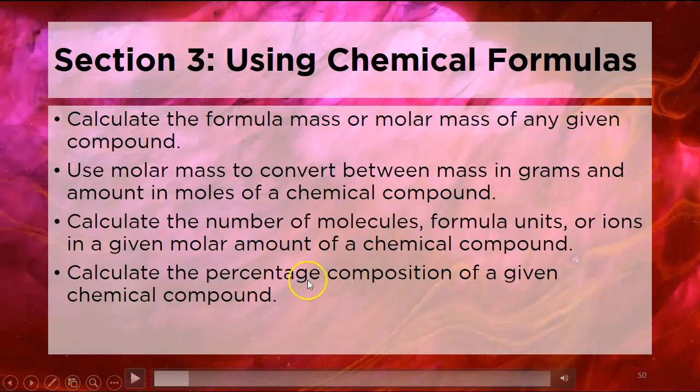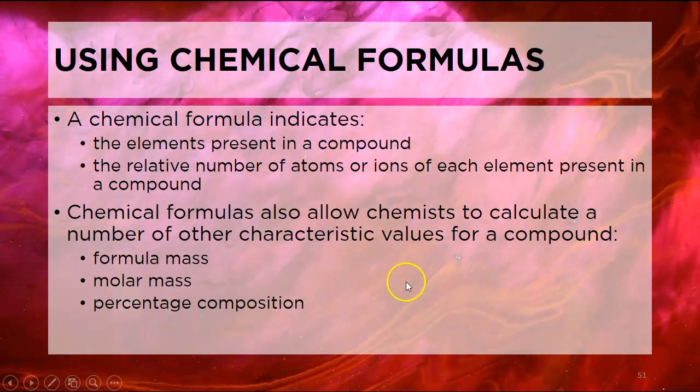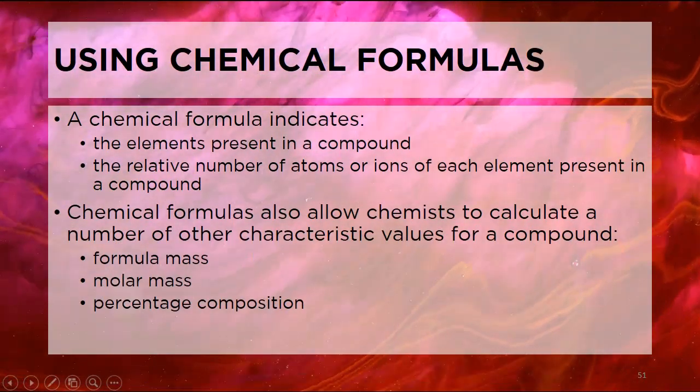And we're also going to look at percentage composition. So talking about chemical formulas, we know that formulas tell us two things. They tell us the types of elements present and also how many of each atom or ion is present. And these formulas are going to allow us to calculate some things.